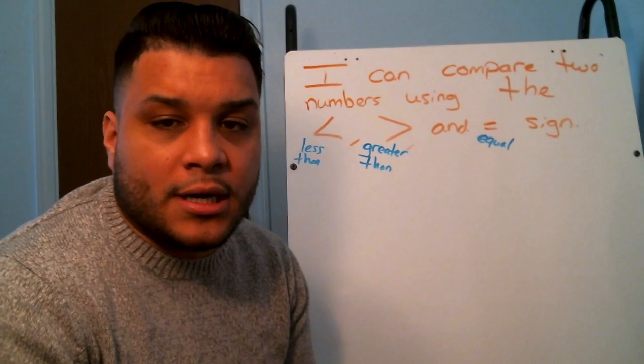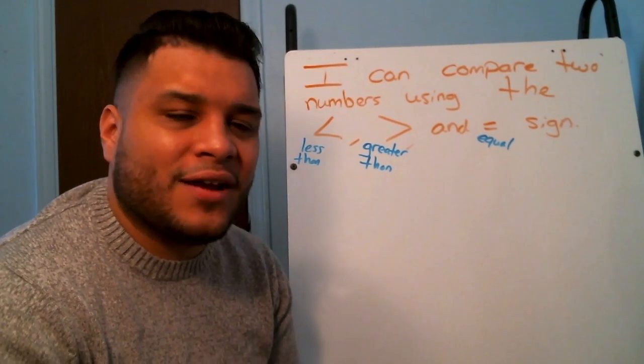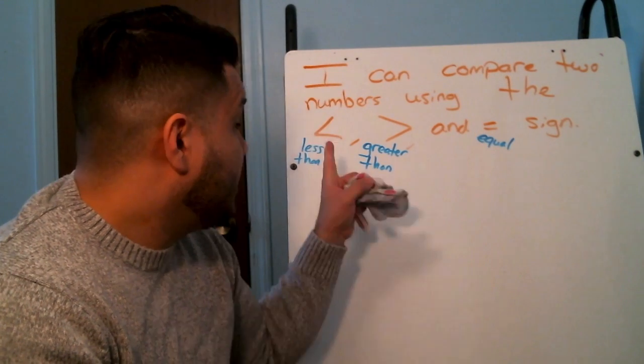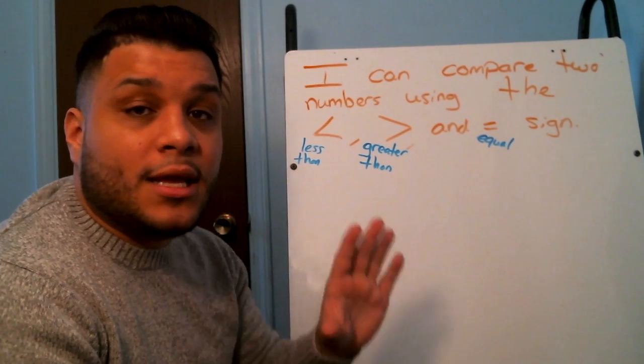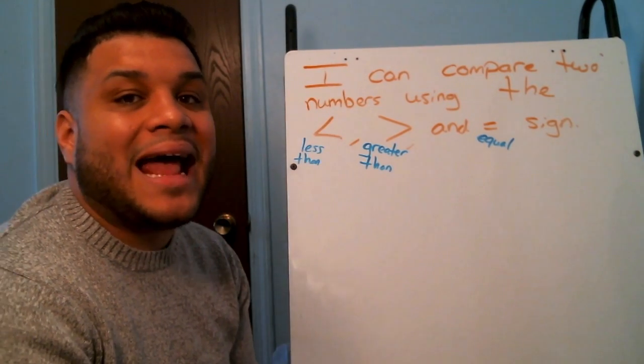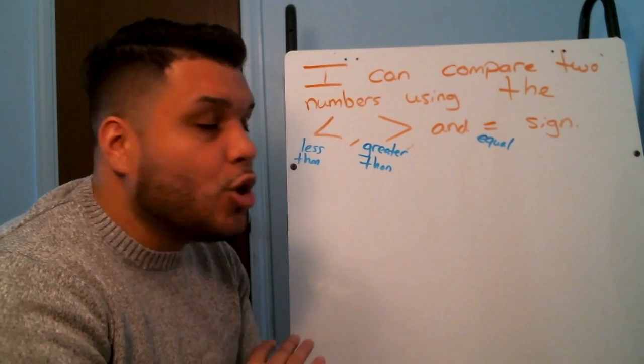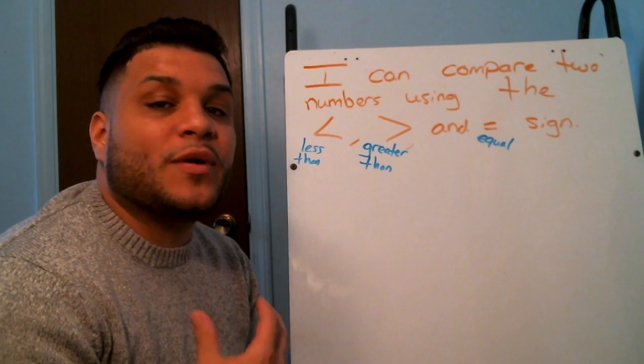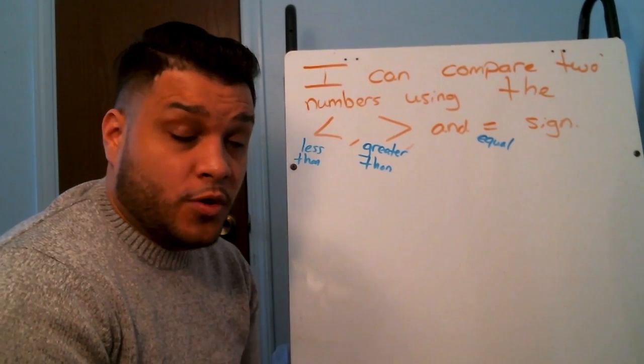So today we are going to be working with different types of numbers. Now, I know that you guys have seen these signs before, and we talk about these signs as alligator mouths. No one wants to be bitten by an alligator. So we always want to make sure that we feed the alligator the greatest number.